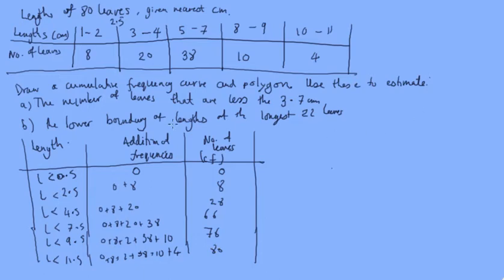So we're now going to draw, I'm going to have to get rid of the table in order to draw our graph, I'm afraid. So here's our graph, and we went up to 80 on it.